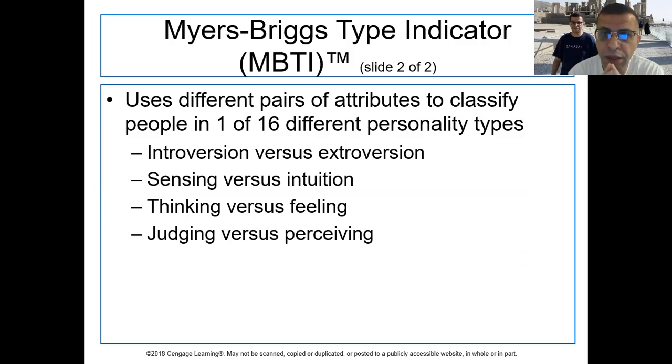Now, the MBTI uses different pairs of attributes to classify people into one of 16 different personality types. We're not going to go deeper into that, but we know there's introversion versus extroversion, sensing versus intuition, thinking versus feeling, and judging versus perceiving.